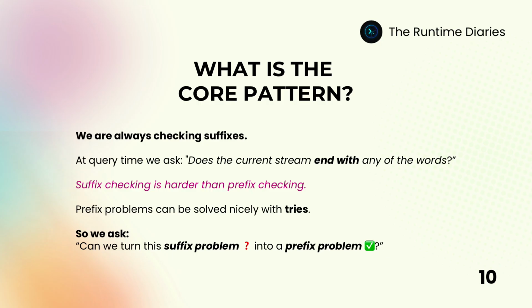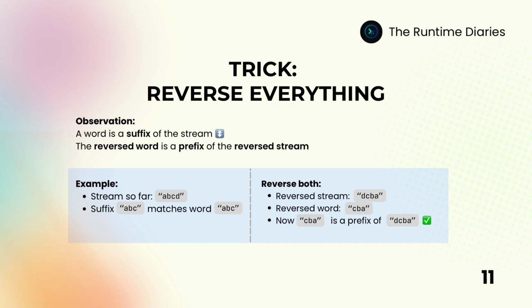So here's the breakthrough question. Can we transform this suffix checking problem into a prefix checking problem? If we can do that transformation, then suddenly we can use tries, and tries make everything fast. This is the major insight. And yes, we can absolutely transform this problem.